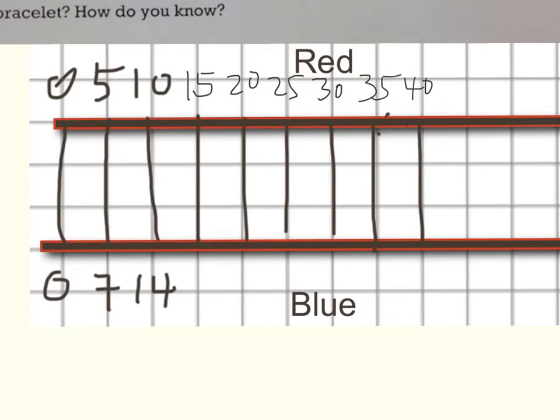So we start at 0 and then we go to 7 and then 14 and then it will be 21, 28, 35 and then 42 and then 49 and 56 and so on.